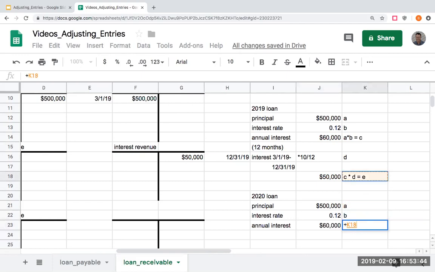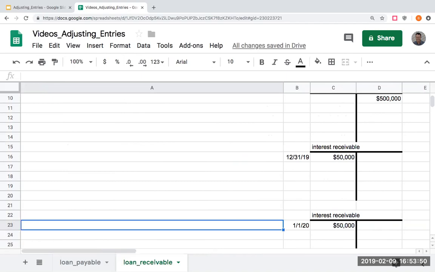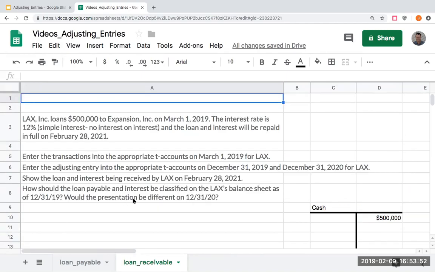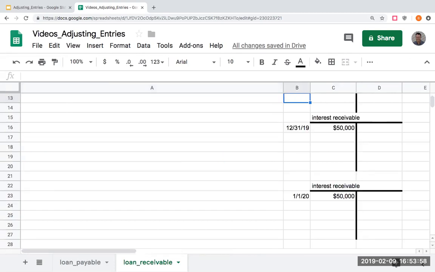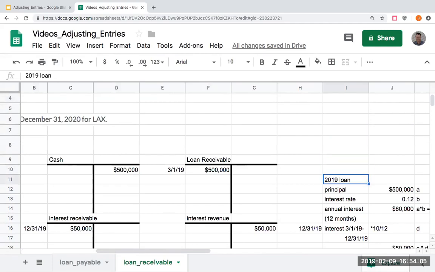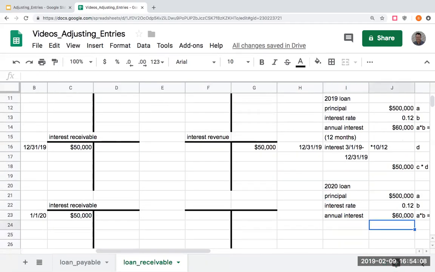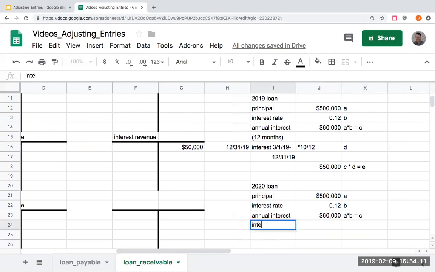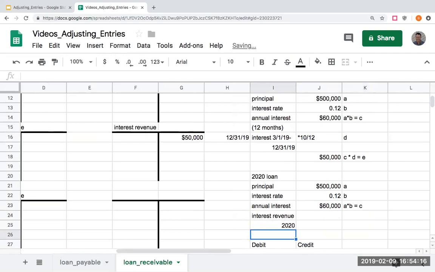Because in 2020 the loan was outstanding for the full year, and was not paid off until 2021, I don't need to make any kind of adjustment here. So my interest revenue for 2020 is going to be this $60,000 because it's a full year.